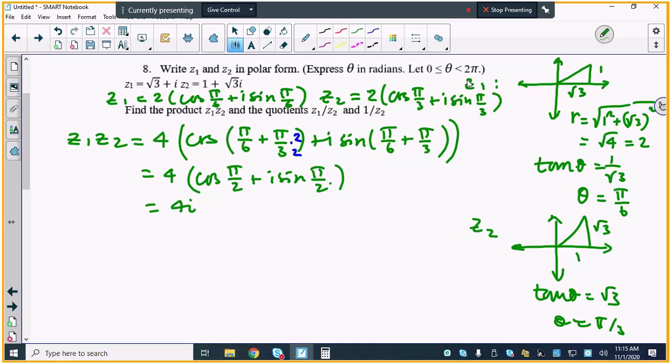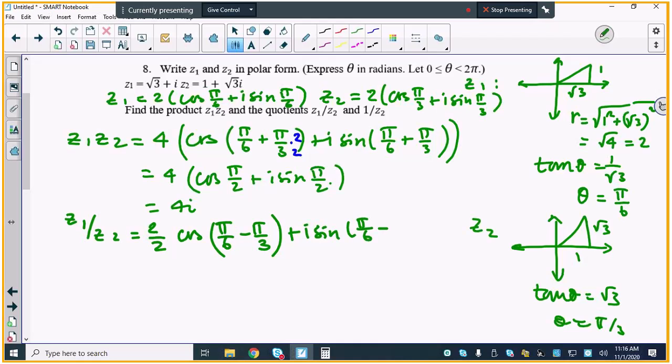How about z1 over z2? If you remember, this one is a subtraction. So first and foremost, we do 2 over 2, cosine pi over 6 minus pi over 3, plus i sine pi over 6 minus pi over 3. So this angle is minus pi over 6. I might want to write it one more time as cosine of minus pi over 6.